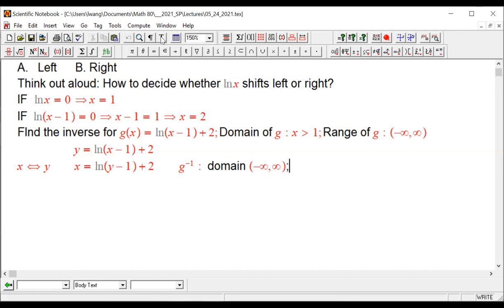And the range will be the domain of G, which for now we don't have the symbol yet, so we can put Y under the circumstances. In this description, Y is going to be larger than 1. So domain and range are swapped. Okay, XY swap, domain range is swapped.